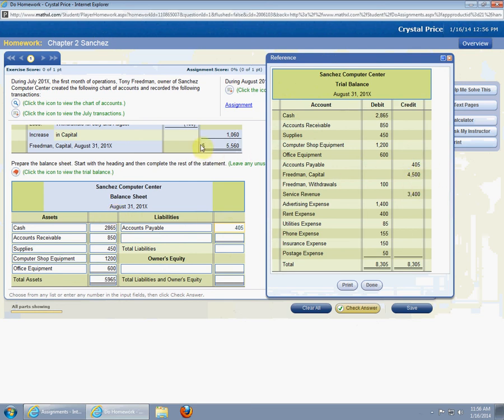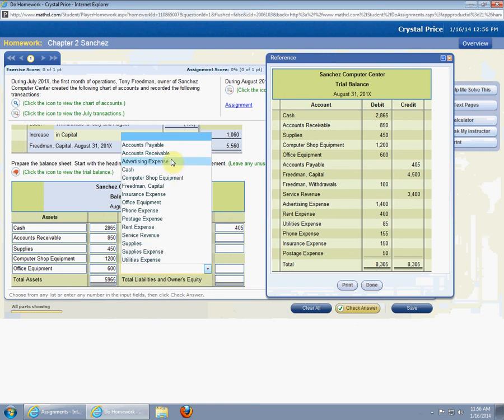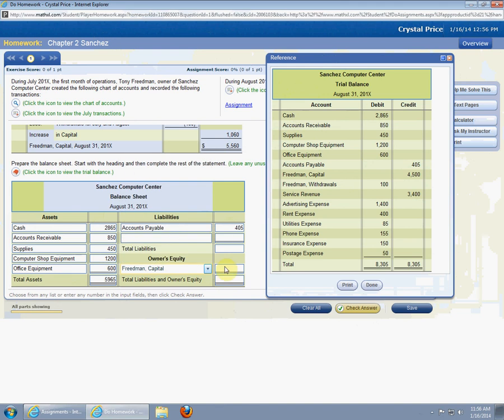That's why we did the statement of owner's equity, to bring our capital up to date. So we want to use this $5,560. So put your capital. And we want to use $5,560. Everybody understand what's going on so far? Everybody okay? Questions? And now when we total, they should equal.